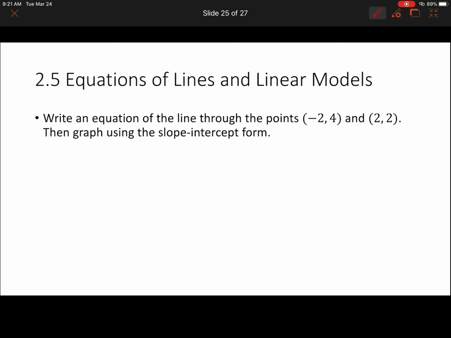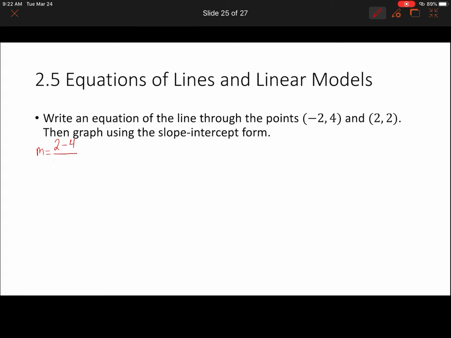So what you'll notice here is that, again, we don't have the slope. And we said in the last video that to be able to graph an equation, write the equation of the line, we have to have the slope. And so we're going to start by finding the slope.